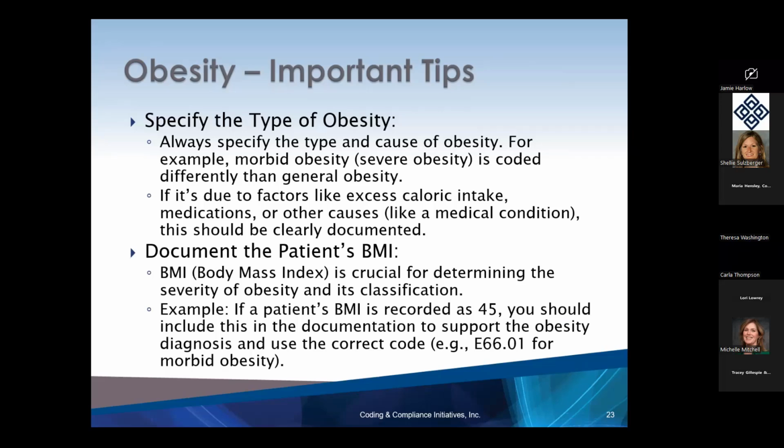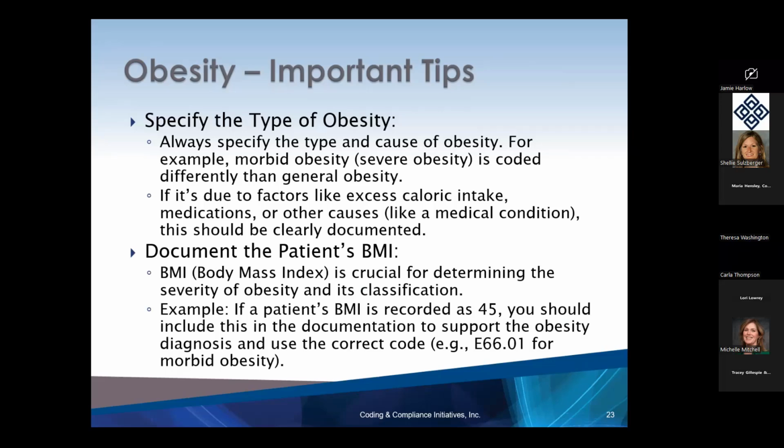Again, you have to remember that coders cannot diagnose. So if you put that the patient's BMI is 45, we can't assume that they are morbidly obese. You would have to indicate that. We cannot assume that they're a class 3.